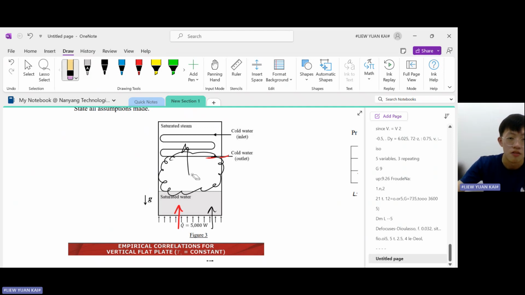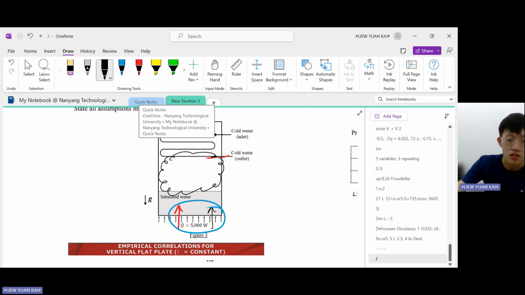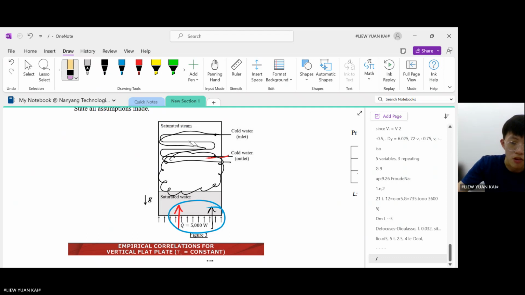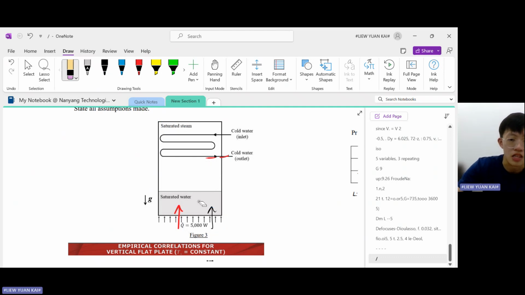So this 5,000 watts effectively is used to heat up the cold water. Every second, 5,000 joules is supplied to the cold water and raises its temperature by some amount. Knowing this, we can write a certain equation.